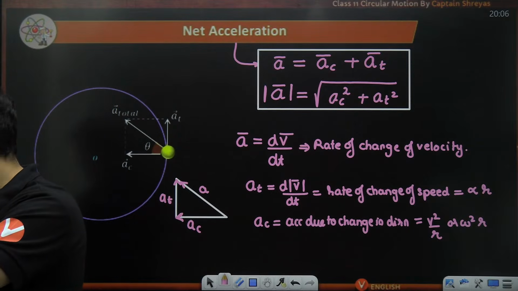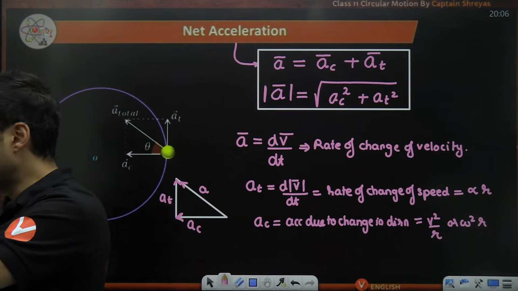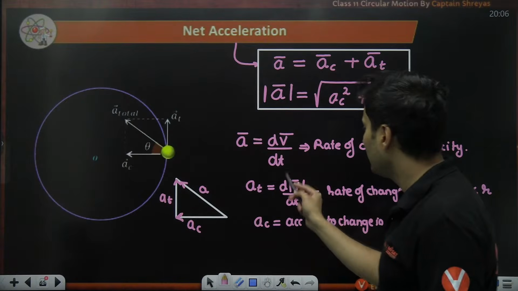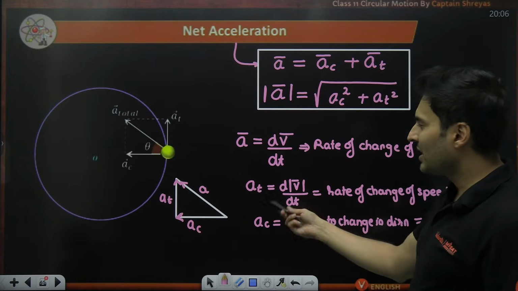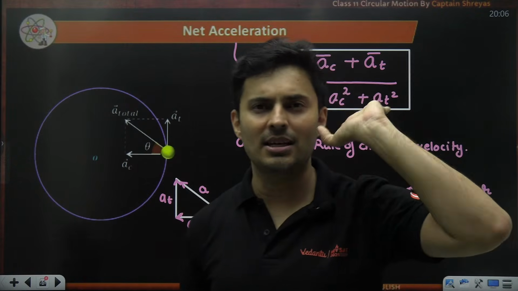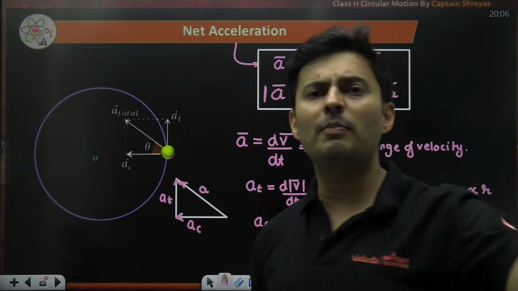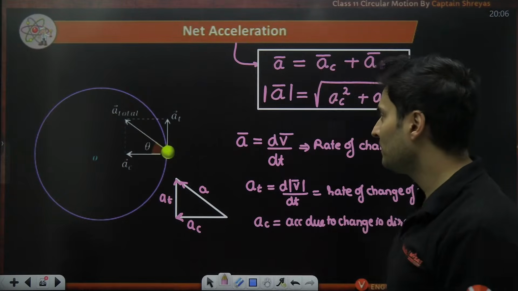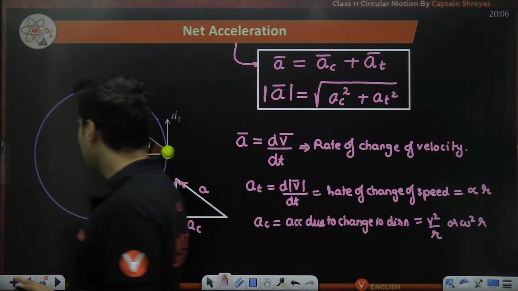Correct? Yes. This is vector form, so these are just the magnitudes. A tangential is always parallel to the velocity. If you know the velocity's direction, you know the tangential acceleration's direction. Centripetal will be perpendicular to the velocity. As simple as that.